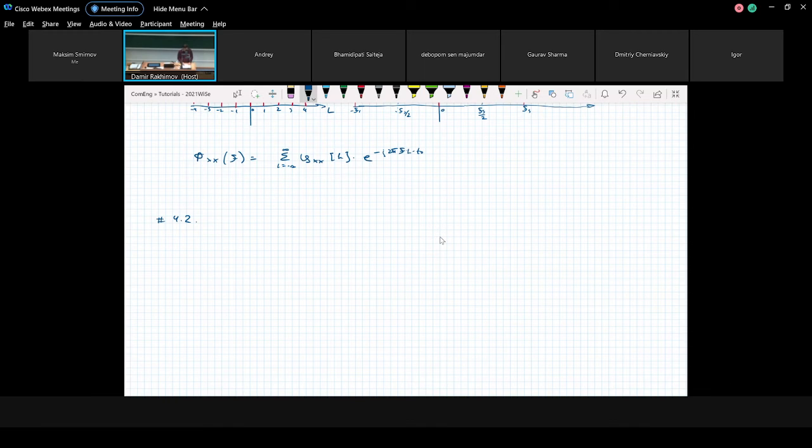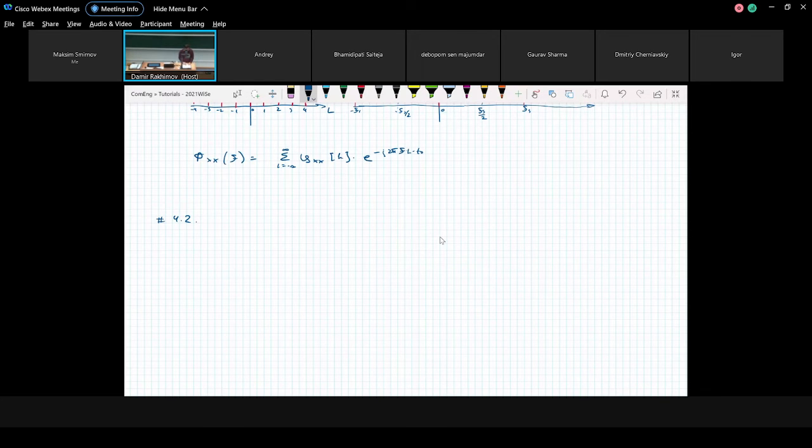A random discrete time binary signal x of n is applied to the input, where x of n belongs to the alphabet -1, 1. All states are equally probable. Successive states of the sequence x of n are statistically independent. Then we need to find the equation of the filter transfer function using DTFT.